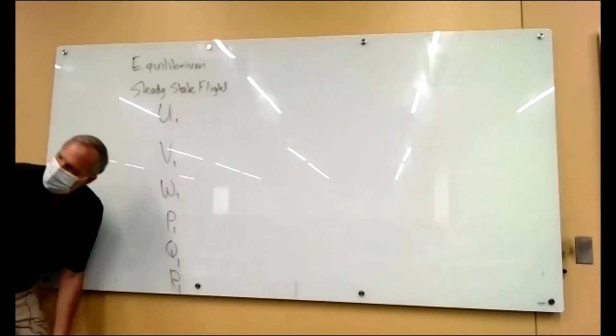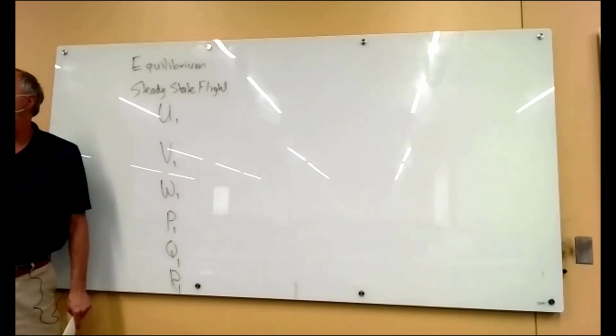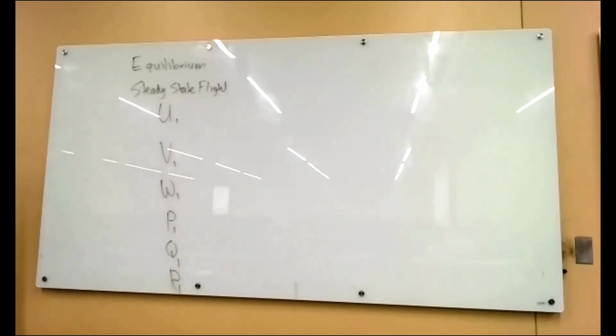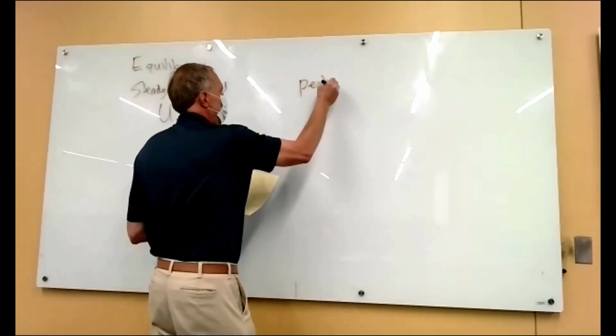Can you guys all the way over there see all the way down to there? I guess if you look at the screen, you can, right? All right, and then we have perturbations on that.